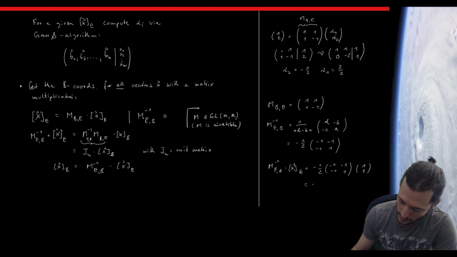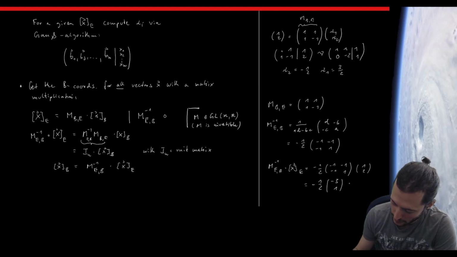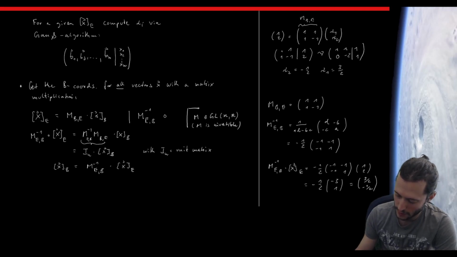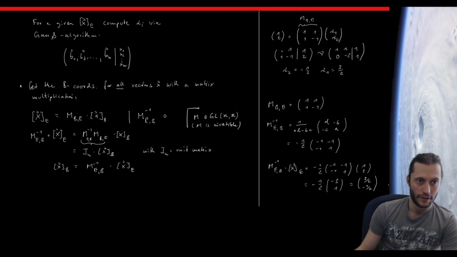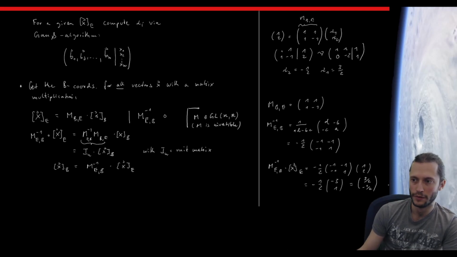And that's minus a half times minus 3, 1. That's in fact what we were looking for, 3 halves and minus a half. Very good. So in fact, what we found out works.